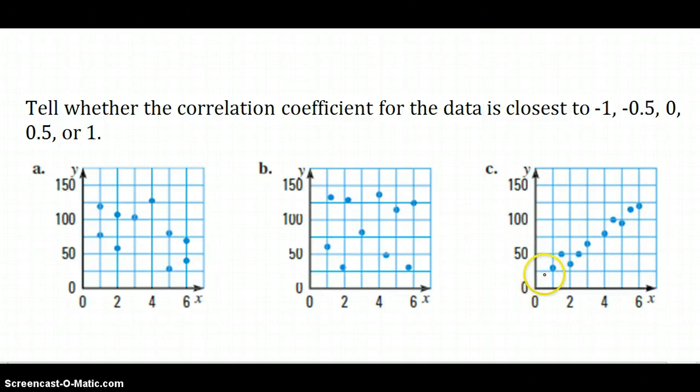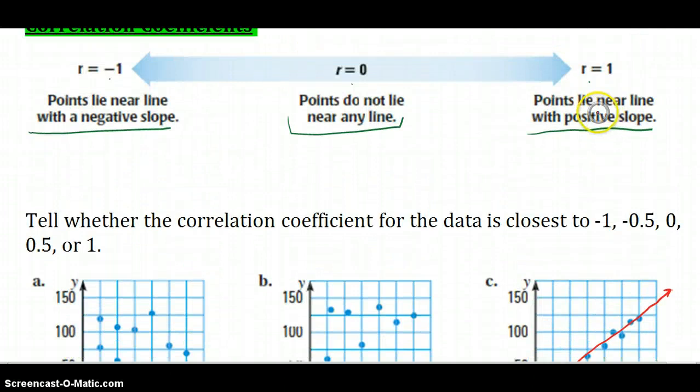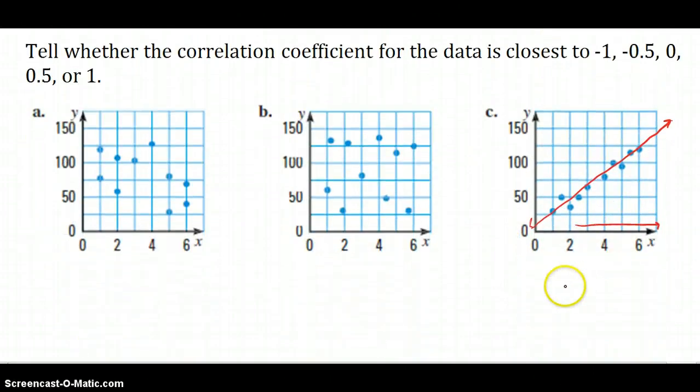You can see that all these dots are really close together, and that if you drew a line through them, they would all be really close to that line. And this line is positive because as x increases this way, our y is also going up. So this is a positive correlation, and it's really close together. And up here we said that a positive correlation, your coefficient is 1. So we would say that this is closest to 1.